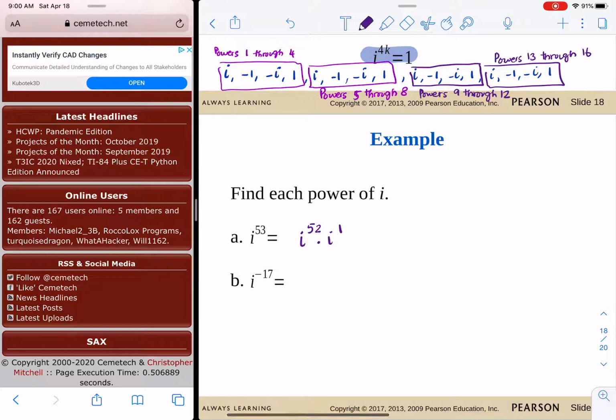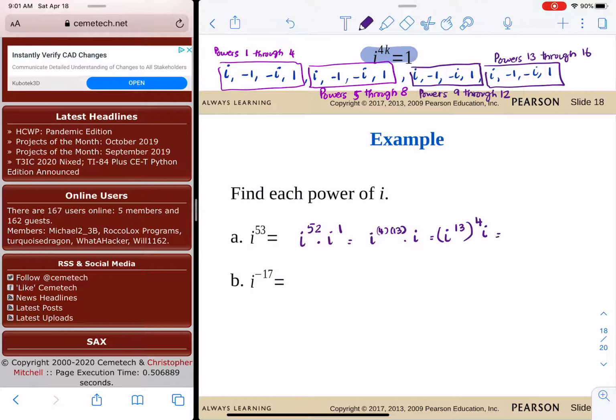When I add the powers, 52 plus 1 is 53. i raised 52 is simply i raised 13 times 4, and that's just i. Using the rules of exponents, I could write this as i raised 13 raised 4 times i.